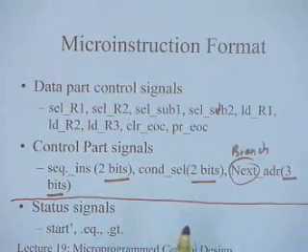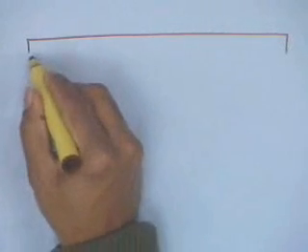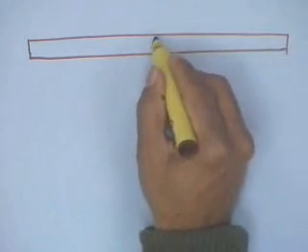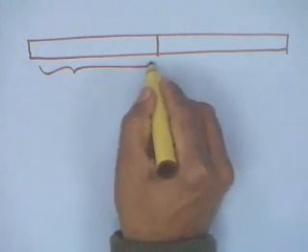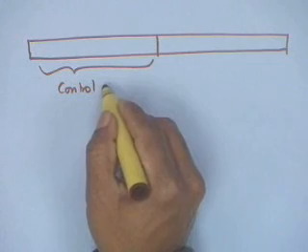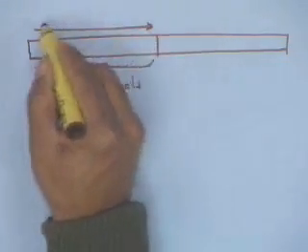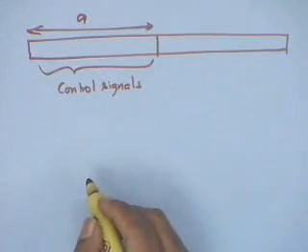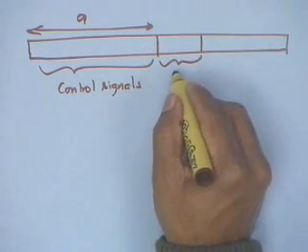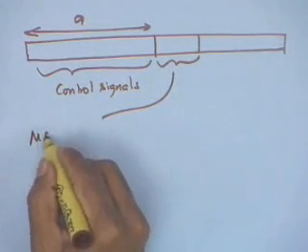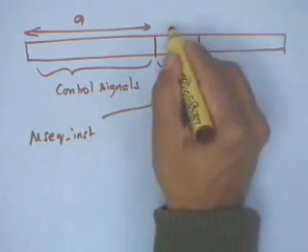What is the implication of this? Please remember, when we talked of the microinstruction format in the last class, we said there are various components of it. These are the control signals. The control signals in this case are 9. I have the microsequencer instruction, which in this case happens to be 2 bits.